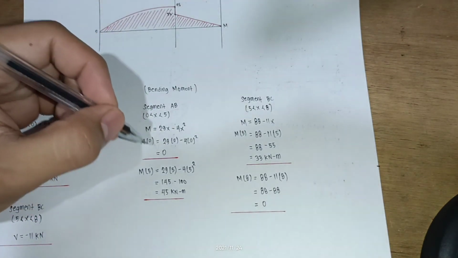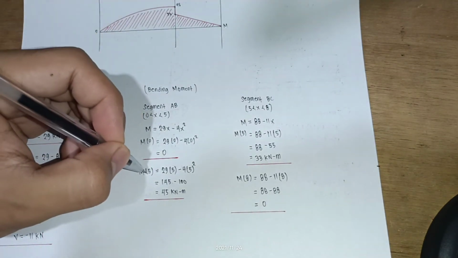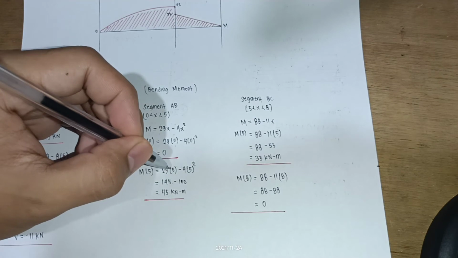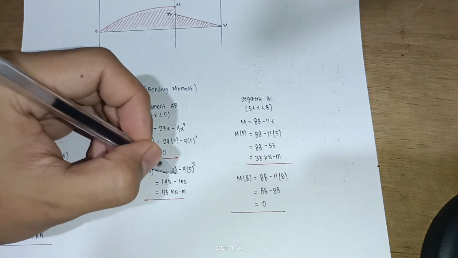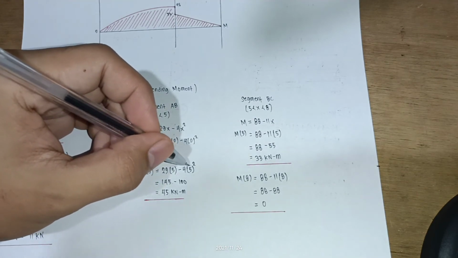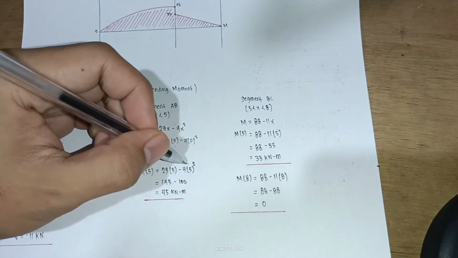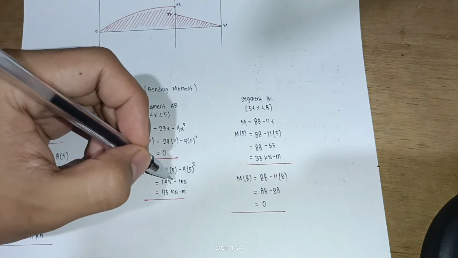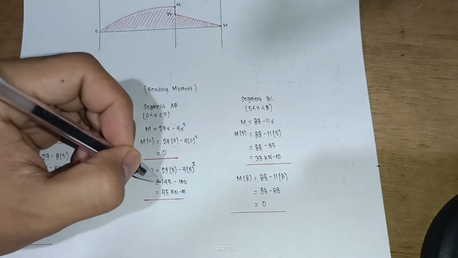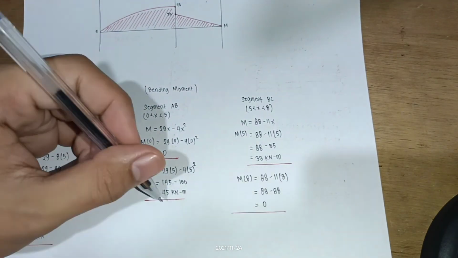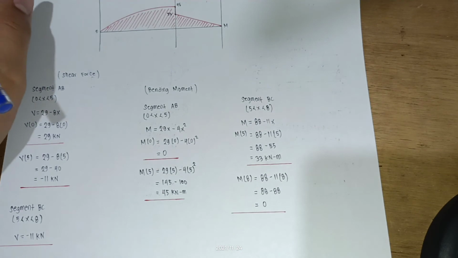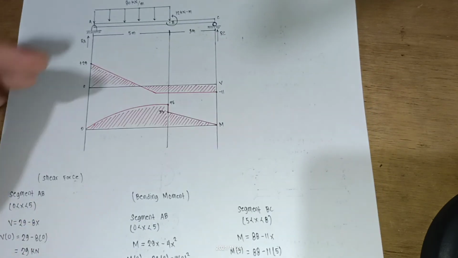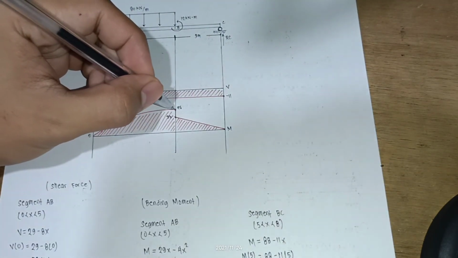Then substituting x equal to 5, 29 times 5, that is 145, minus 4 times 5 squared, 5 squared is 25, times 4, that is 100. So 145 minus 100 is 45 kilonewton meters.